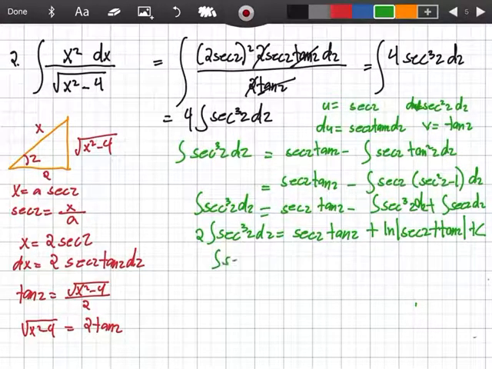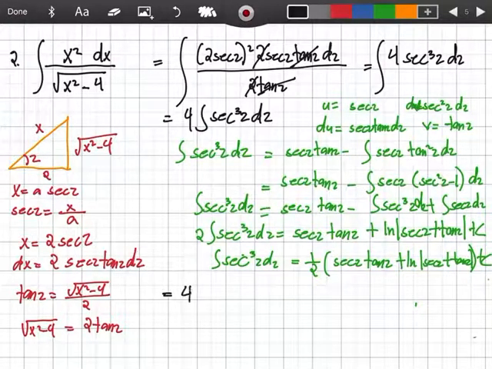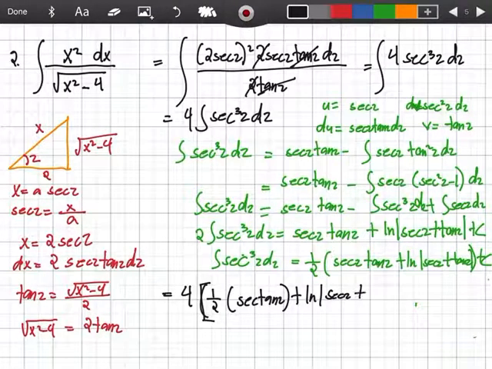So, integral nito ay 1/2 secant z tan z plus ln secant z plus tan z plus c. And then, isa-substitute natin dito 4 times 1/2 bracket na yan. Secant z tan z plus ln secant z plus tan z plus c.